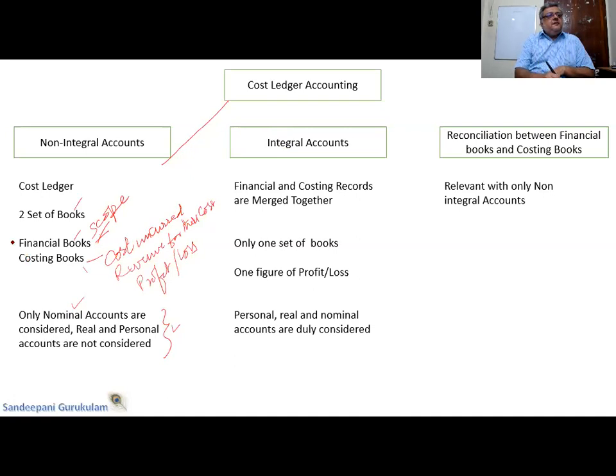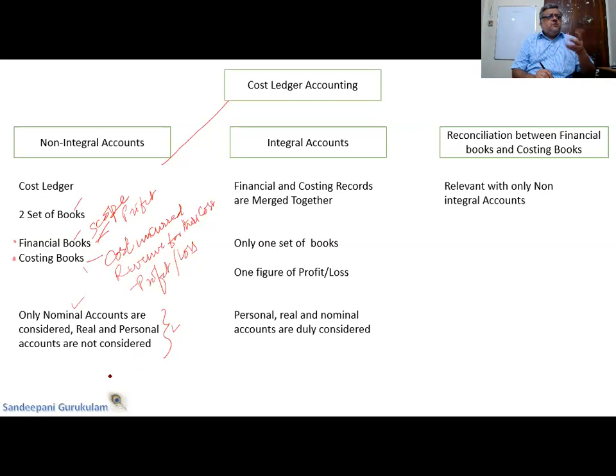And then logically think, if you maintain two sets of accounts and there is a difference in scope, because this contains certain items which may not be reflected here, like income tax, dividends, etc., there is bound to be a difference in the profit generated by the financial records and the profit generated by the costing records.